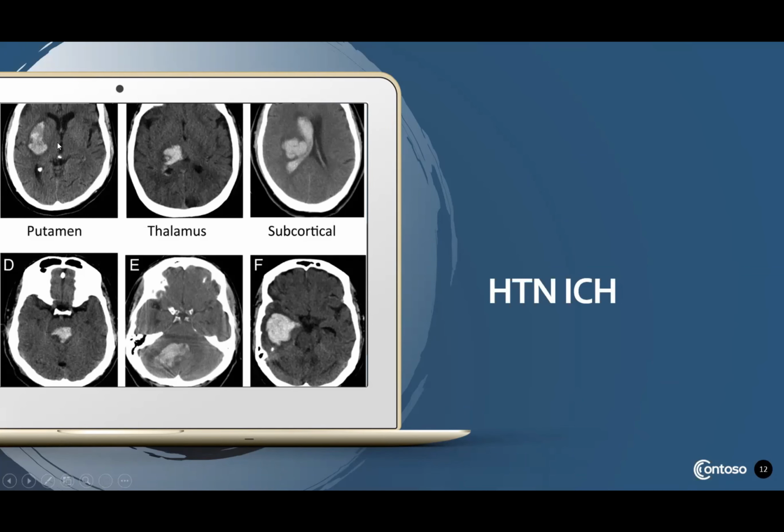So these are the most common sites of hypertensive bleed: putamen, thalami, pons, and cerebellum. So from the CT scan, as a neurologist, I can say this is possibly 99% related to a hypertensive bleed. I will still be questioning and asking for further imaging like CTA or MR later on.